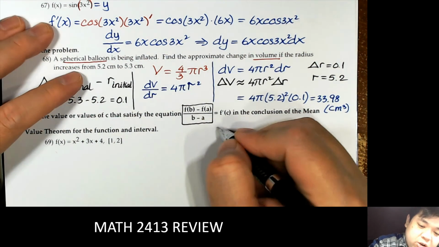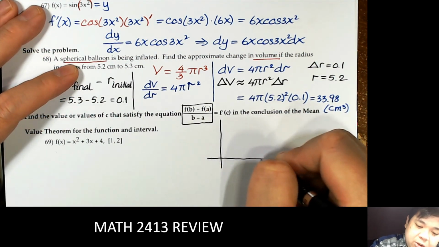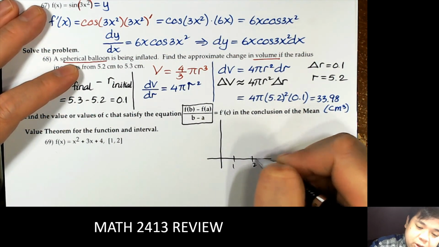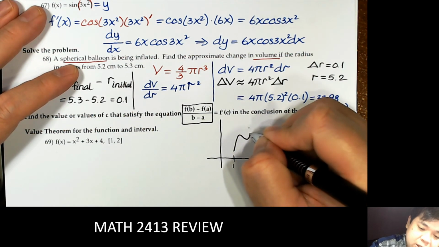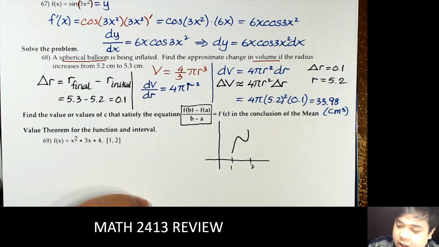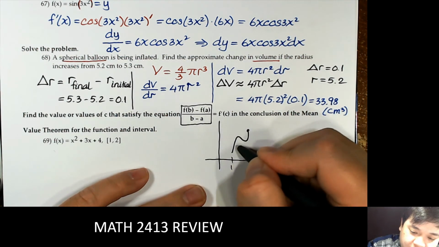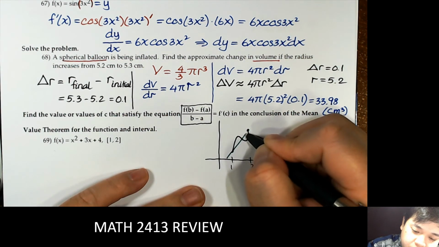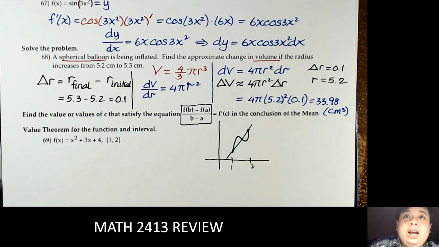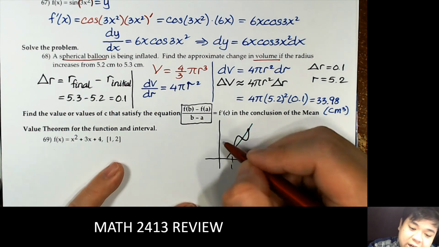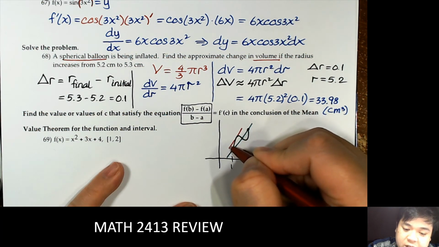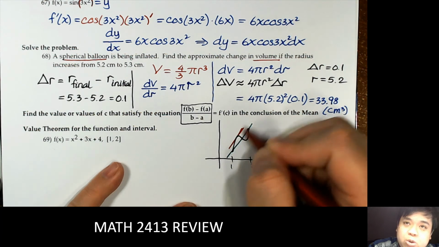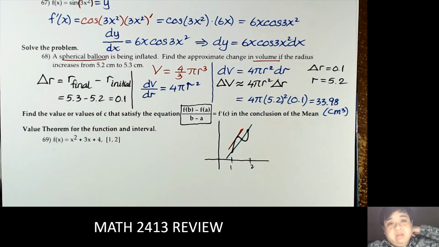So I'll just draw the picture here. Let's say there's 1 and 2. There's some function, it might go like this, possibly. And then we draw the secant line through the endpoints. And the mean value theorem says there will be a point in between 1 and 2 where the tangent line will be parallel to the secant line, meaning that they have the same slope.